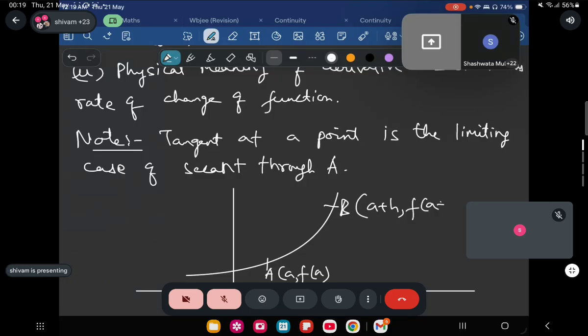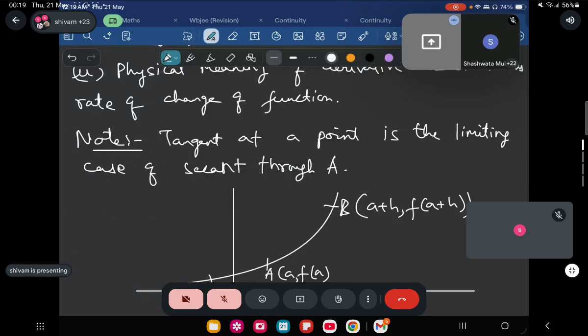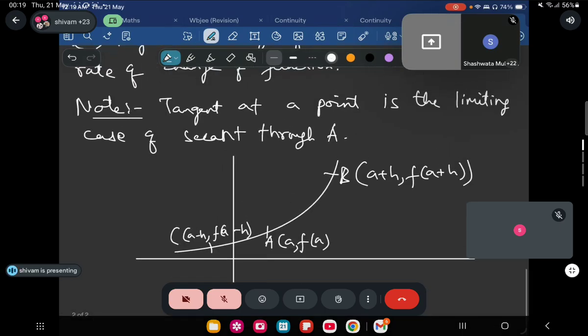You can take another point C, a minus h, comma f of a minus h. Okay. So everyone, if you find out the rate of change of function between a and b, this is the rate of change.